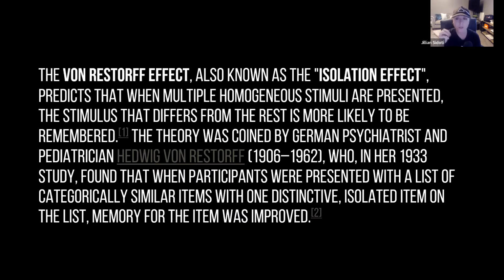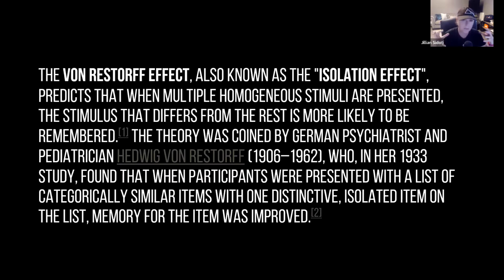The theory was coined by German psychiatrist and pediatrician Hedwig von Restorff, who in her 1933 study found that when participants were presented with a list of categorically similar items with one distinctive isolated item on the list, memory for the item was improved.